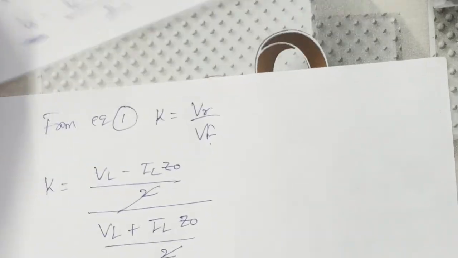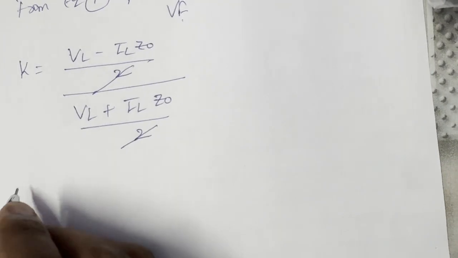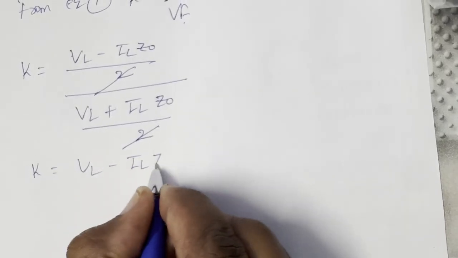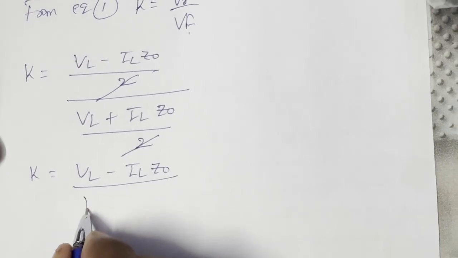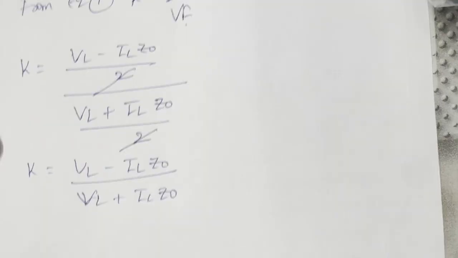These two 2s get cancelled. Then K is equal to VL minus IL Z0 by VL plus IL Z0.